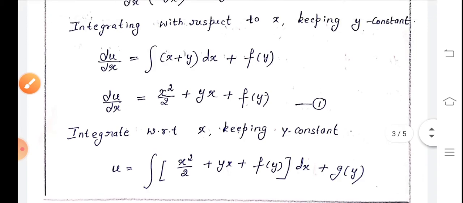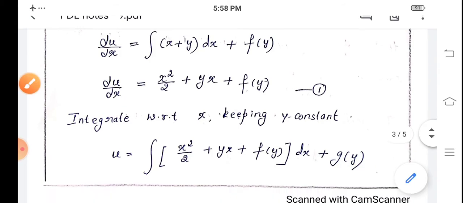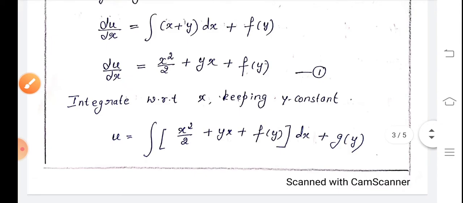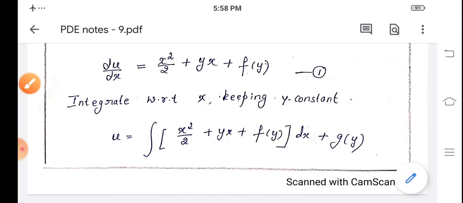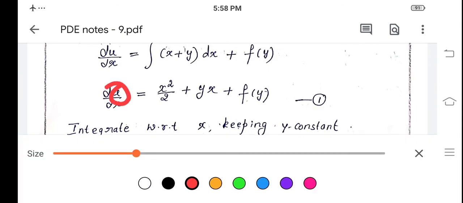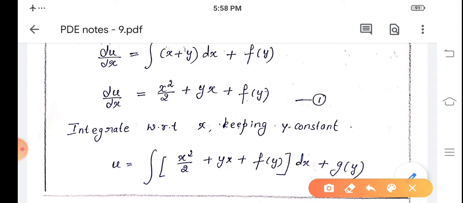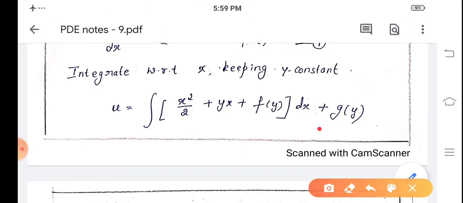Now to obtain the solution for u, in the next step we integrate with respect to x again. So integrating with respect to x, keeping the other variable y as a constant, we obtain u is equal to integration of x square by 2 plus yx plus f of y with respect to x plus a constant term, g of y.